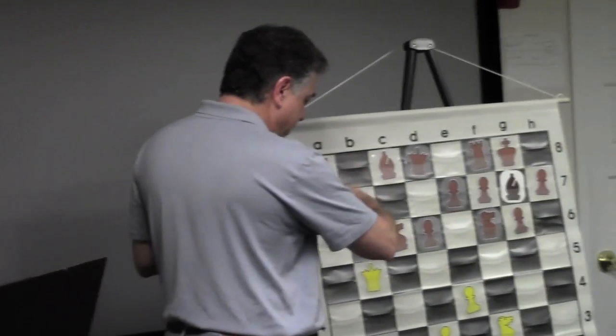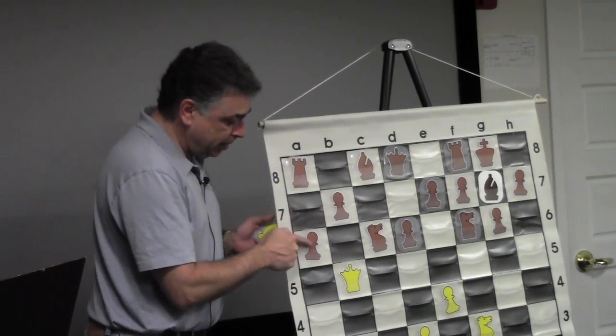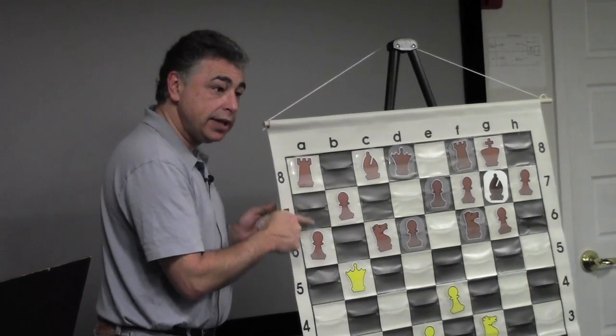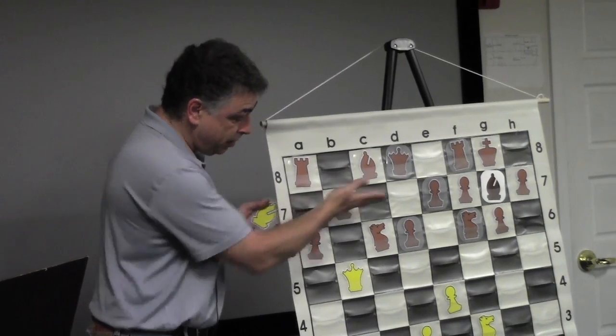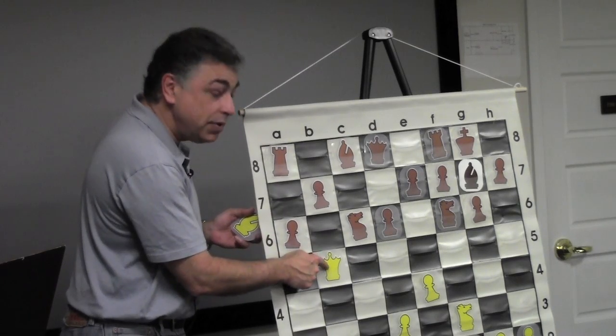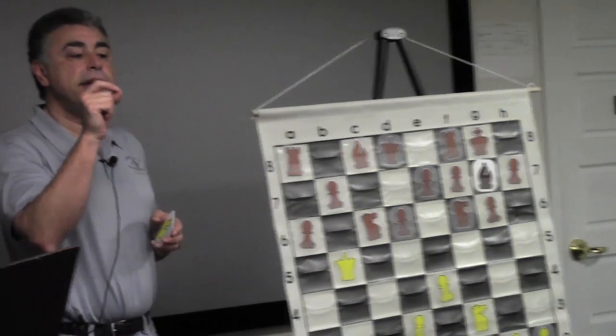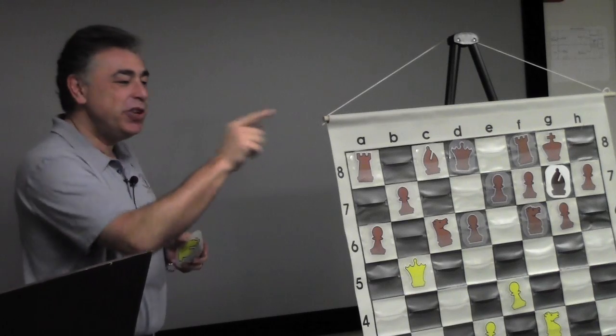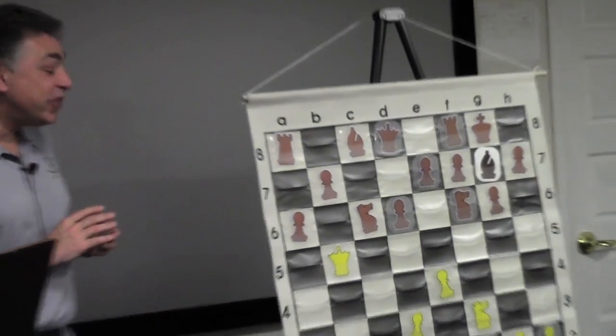If I attack your queen, I'm developing my pawn, correct? I'm moving my pawn from its original position. So I'm developing my pawn, but I'm doing it with a gain of tempo because I'm going to force you to move your queen. Okay, so now your queen is attacked.